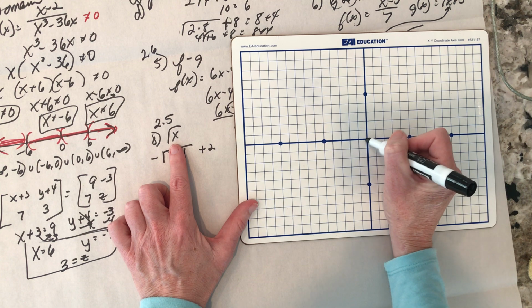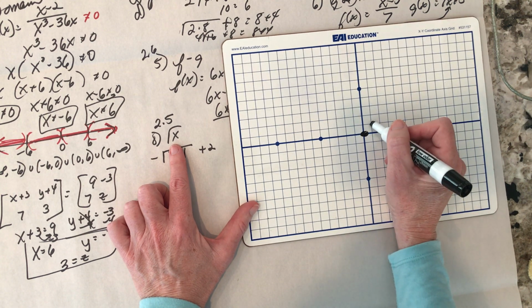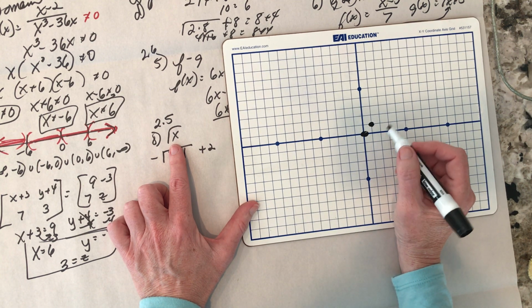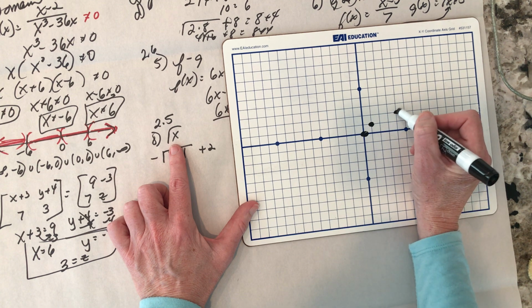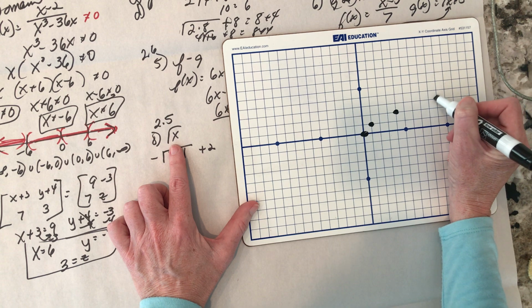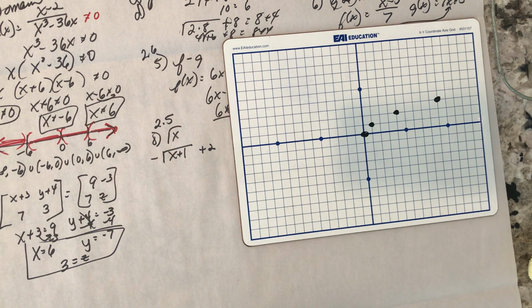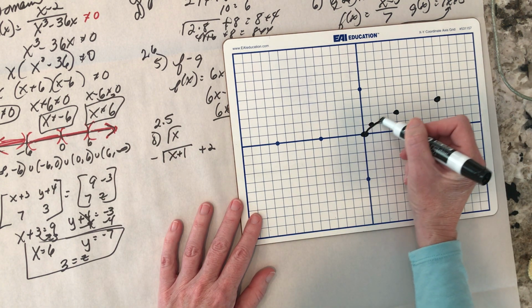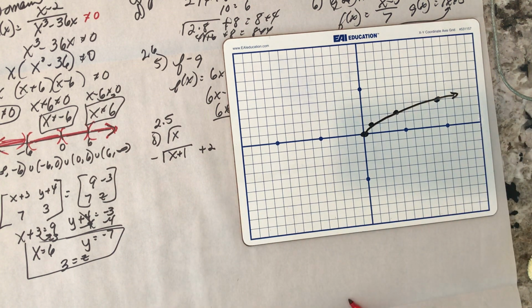The shoulder goes through (0, 0), (1, 1), (4, 2), and (9, 3). Remember, you're matching to a graph, so you don't need to get all that detail in there. So it looks something like that.